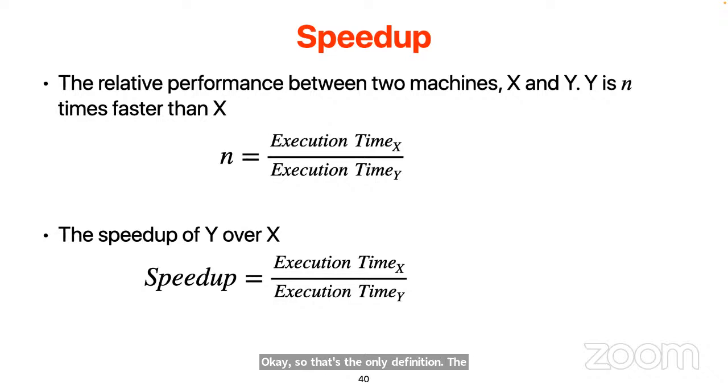So today we have 2 equations already: the CPU performance equation, and the second one is speed up. Speed up of y over x must be the execution time of x over execution time y. The reason is that performance y is in fact 1 over the execution time of y, so if you divide performance y by performance x, that's what you get.